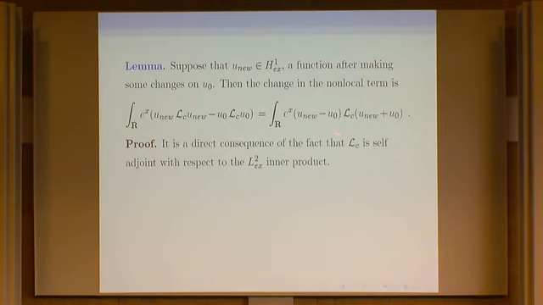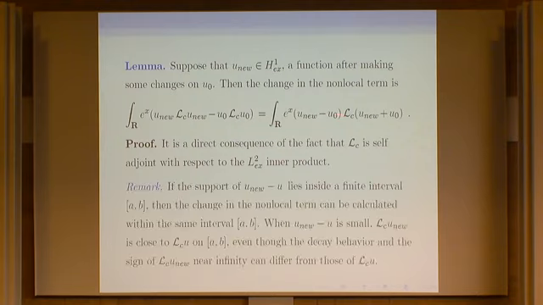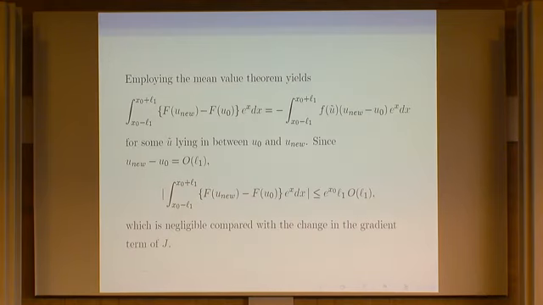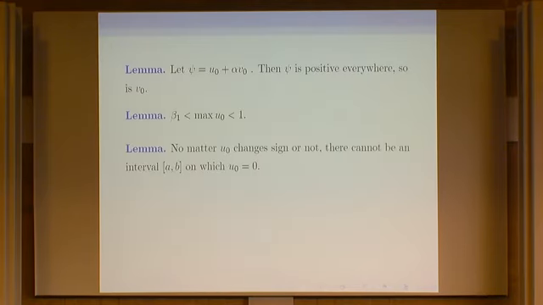Once you get the property of V0 being positive, you can do more things along certain surgeries. That's also an important ingredient in showing the minimizer satisfies the Euler-Lagrange equation.